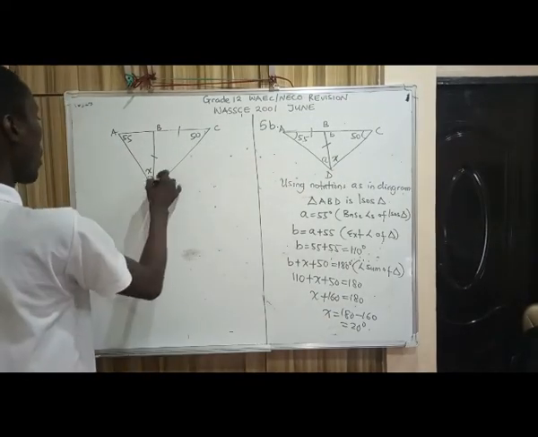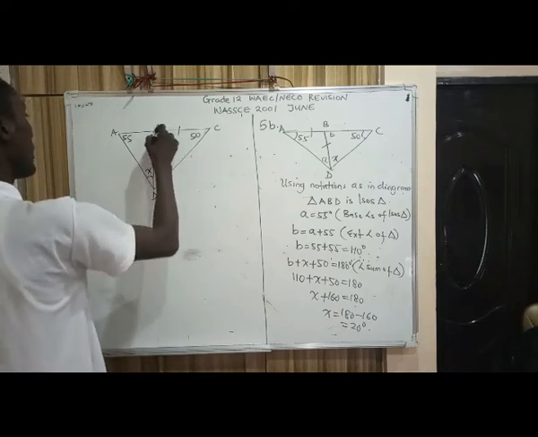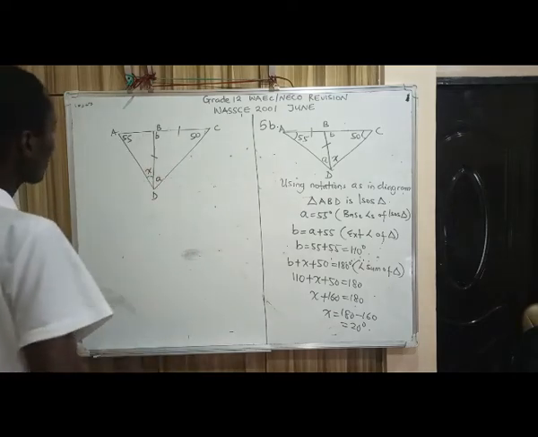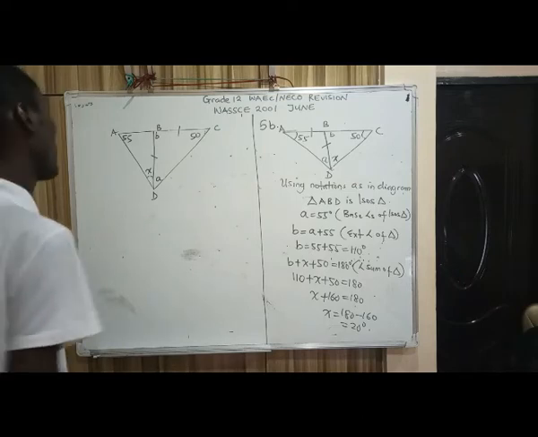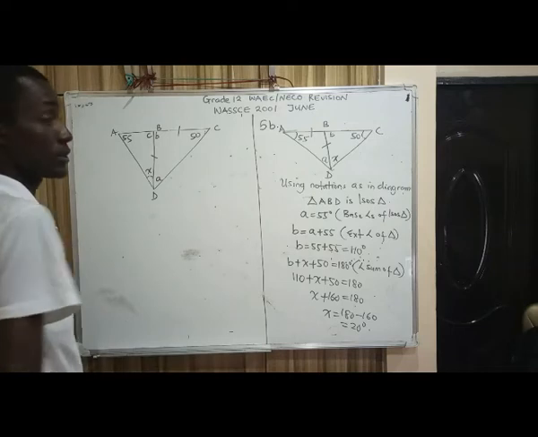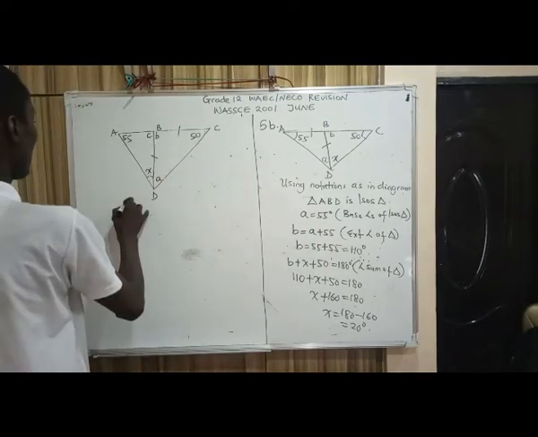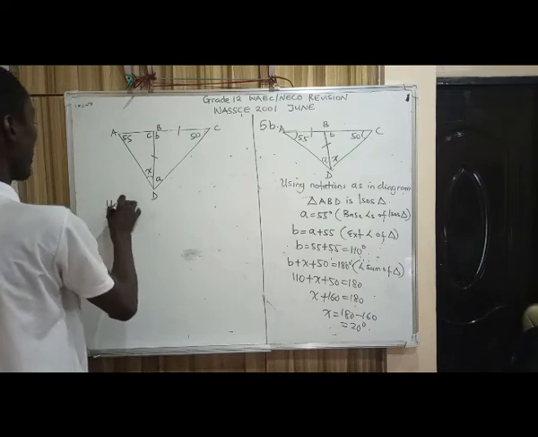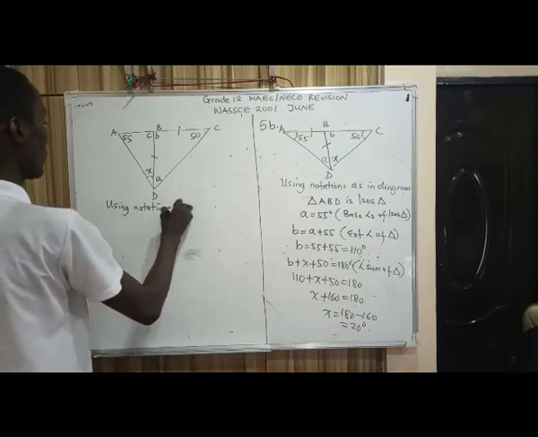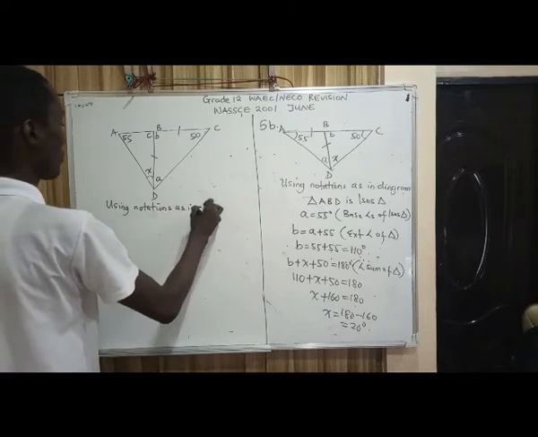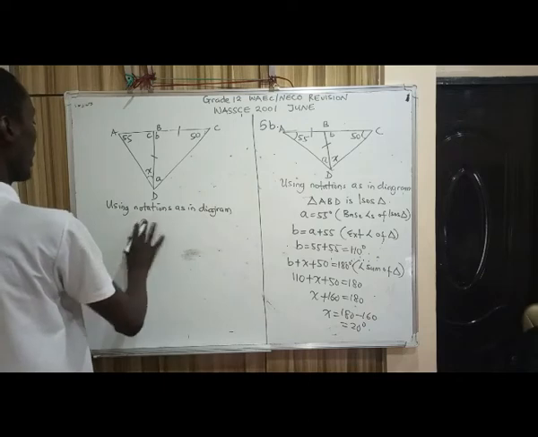So I'll call here A. I'll call here B. I could call here C, no problem. So I'll look at the diagram. I'll start with this one, using notation as in diagram.